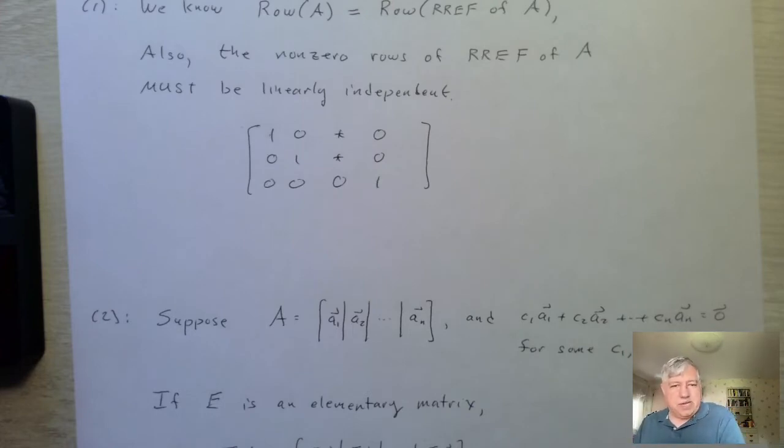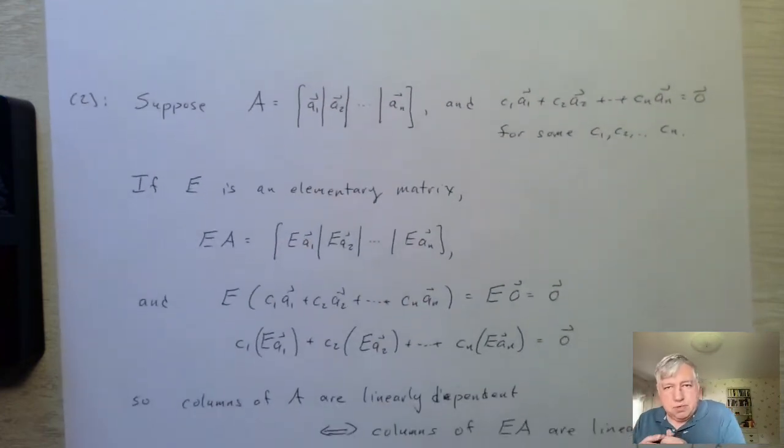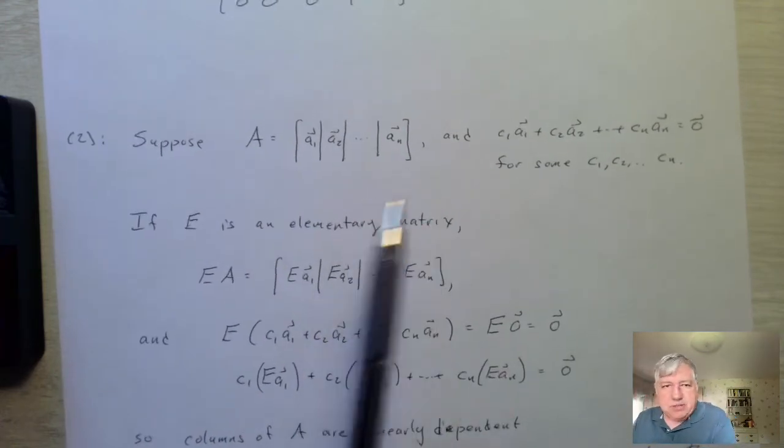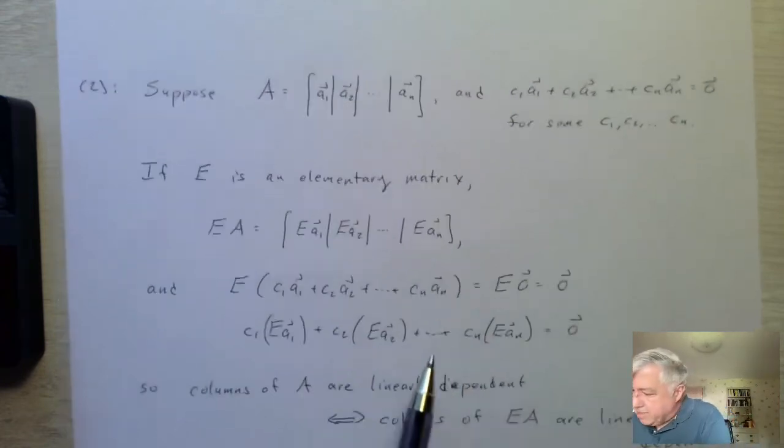Now, for the column space, it's a little more complicated, but not too much. Elementary row operations do change the column space. However, they don't change the dependence relations. If we do an elementary row operation on a matrix, and there's already a dependence relation among the columns, then that same dependence relation is going to hold for the columns of the new matrix. Why is that?